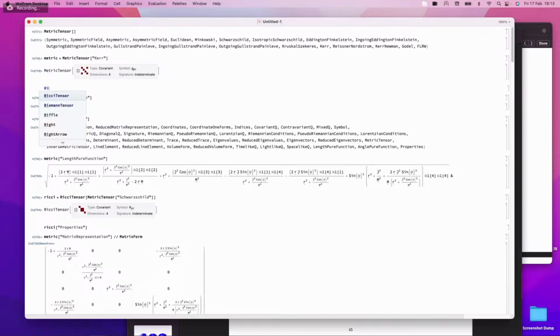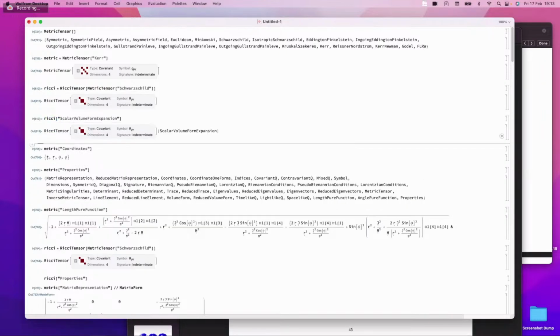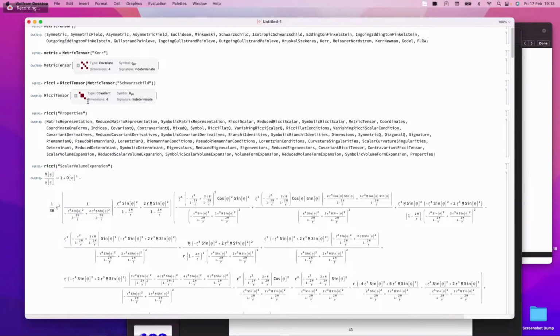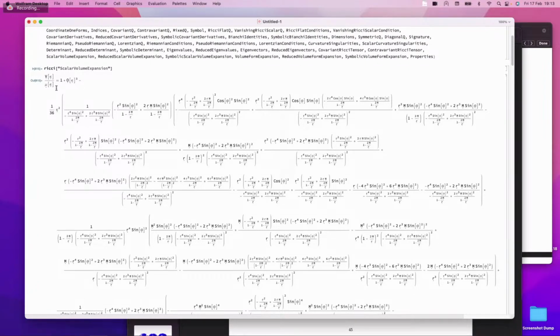Well, I can't quite figure this out in real time, sorry, I don't have an answer to your question. But since you bring it up, and since I know it's one of your favorite features of Riemannian geometry, I should just say that we can do things like volume expansion. I can't remember the property names now. Scalar volume expansion: this is the expansion of the volume of a geodesic ball relative to the volume of the corresponding ball of radius epsilon in Minkowski space.